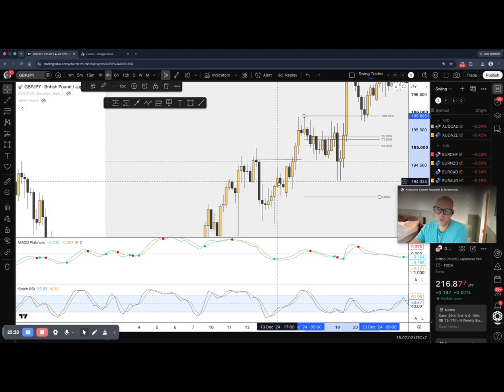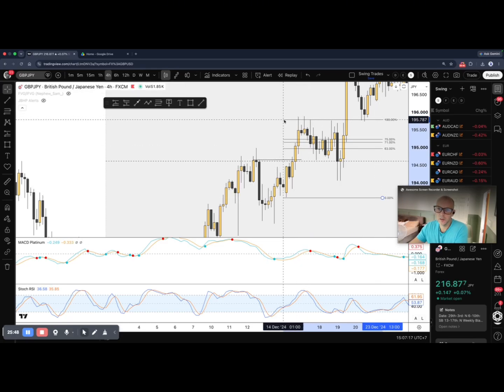I suppose because we drew down here and pushed back up again, this potentially would be the newer swing point rather than this one here, even though this one's a little bit cleaner. We've got to take the most recent one.